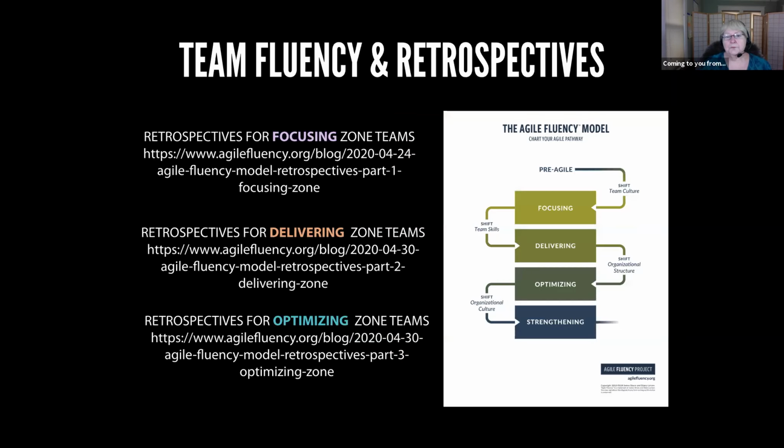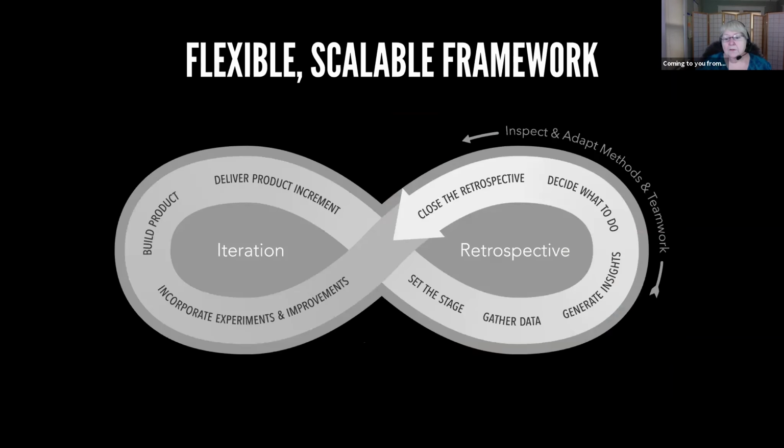So we're going to talk about it and hear a little more in a minute, but set the stage, gather data, generate insights, decide what to do, close the retrospective. So we'll move into that a little bit more in a minute.